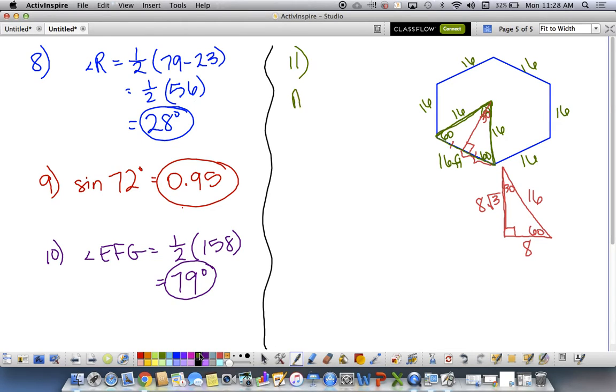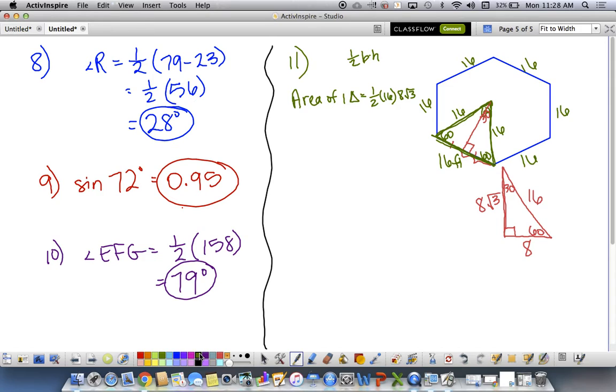So I'm going to write area of one triangle. Okay, what's the formula for area of a triangle again? 1/2 base times height. So my whole base is 16. So it is 1/2 of 16 times 8 root 3.